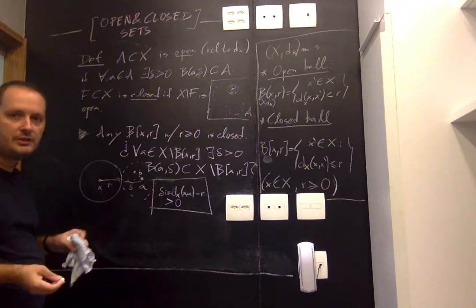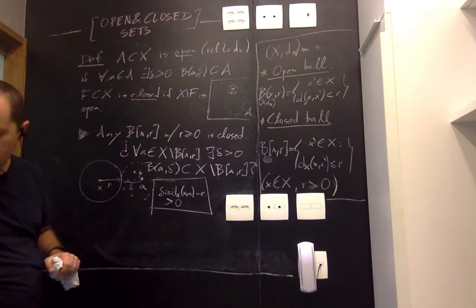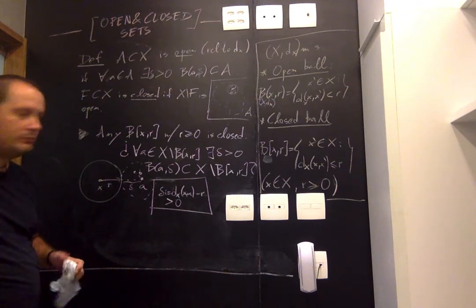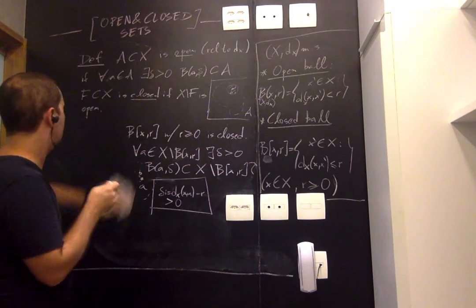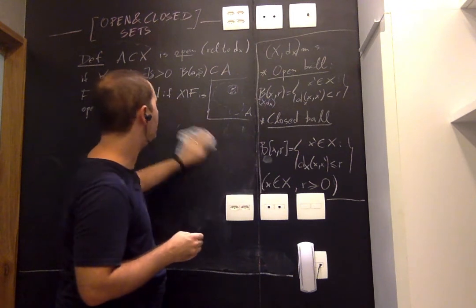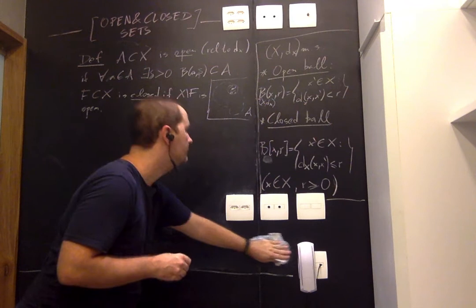Right, so I want to finish by giving two very simple results about open and closed sets. One of them is very easy to state: it says that a set is open if and only if it's a union of open balls.